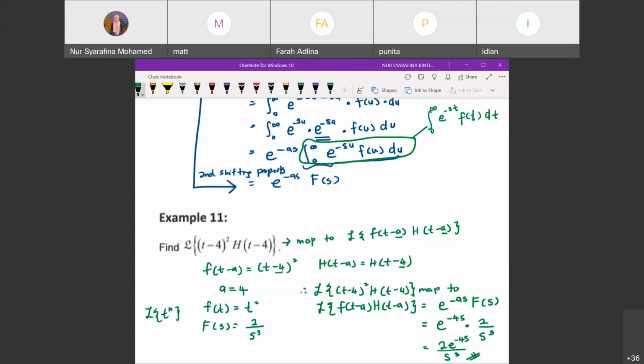So this is your transform function of (t minus 4) squared h(t minus 4). Is that clear? By the way, is there anyone who still has problems understanding factorial? Factorial is a value, right? Any question?